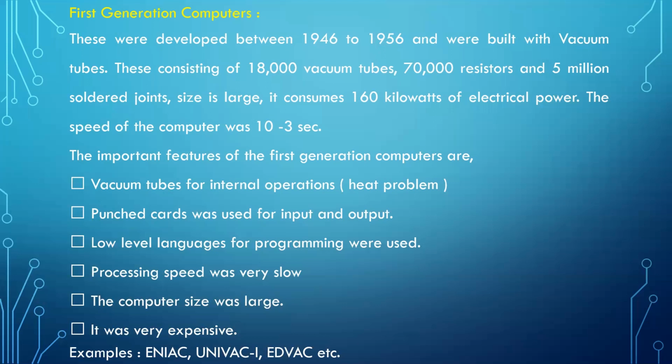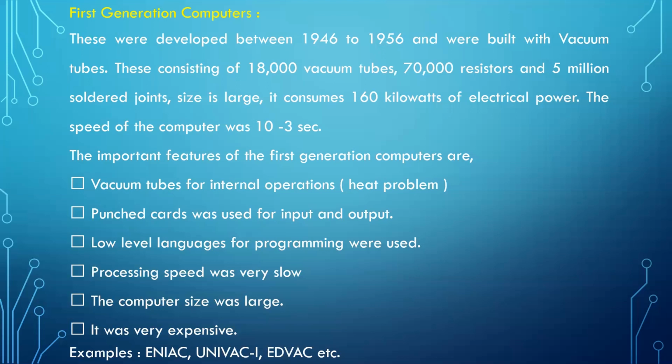These are all the important features of first generation computers. Examples of this are ENIAC, Electronic Numerical Integrator and Computer or Calculator. Then the next one is UNIVAC 1, Universal Automatic Computer.